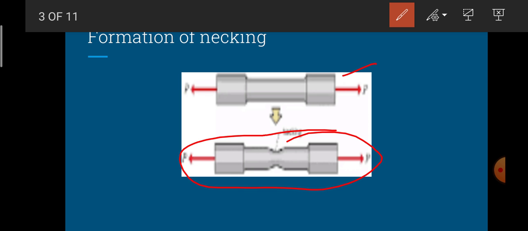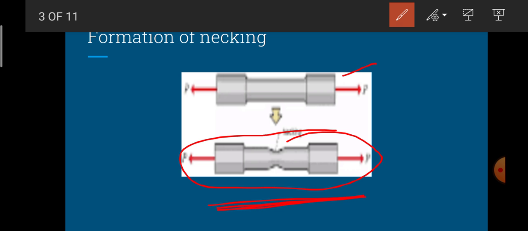Wherein you can observe there is an increase in the dimension along the application of the load. Along this direction there is an increase in the length, because the direction of the load is along the length.